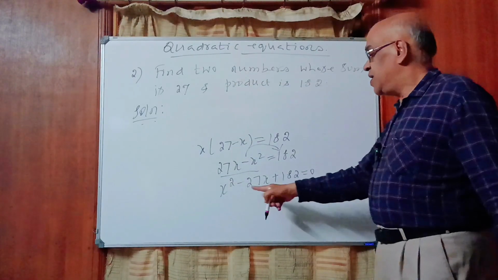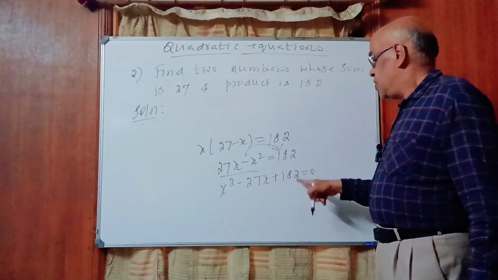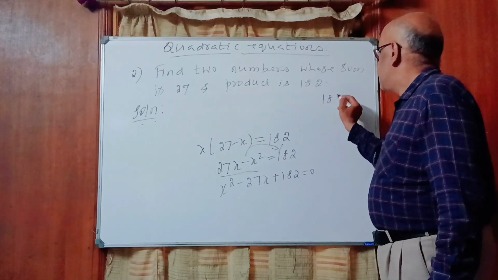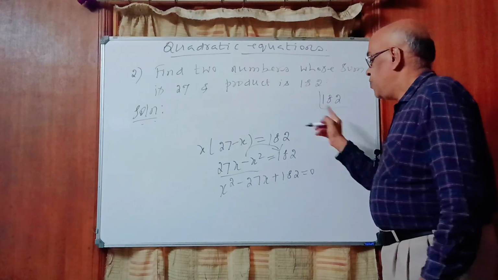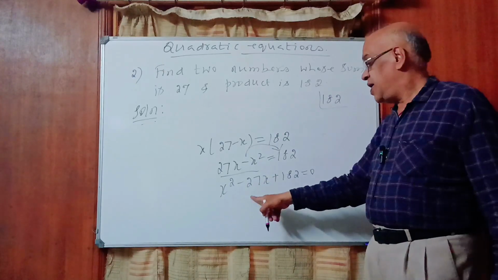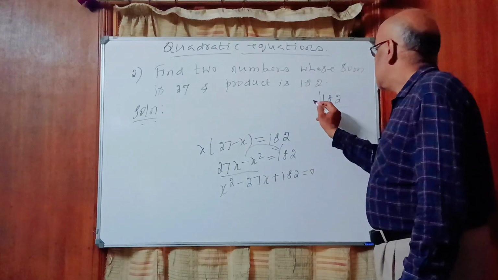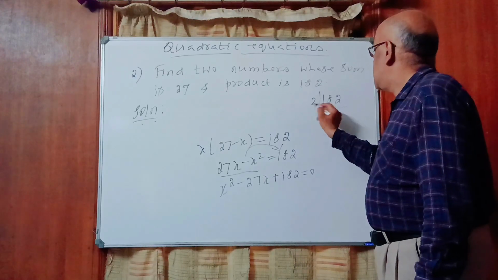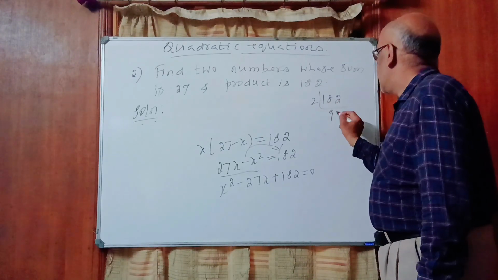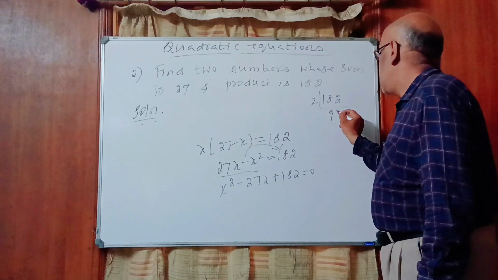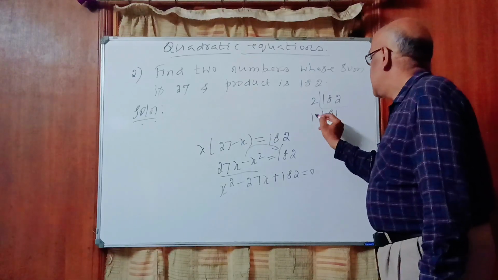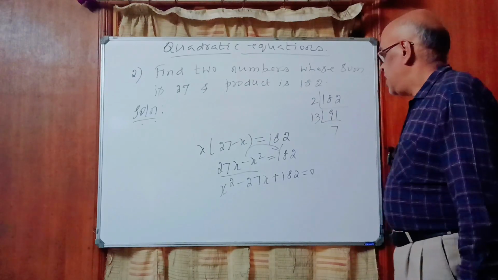Now split the middle term 27. So take the help of the constant term. Children, in our previous question the middle term was plus, here it is minus. So the bigger number will be minus, the larger number. So do it from 2. 2 nines are 18, 2 ones are 2. Again, children, 13 sevens are 91.